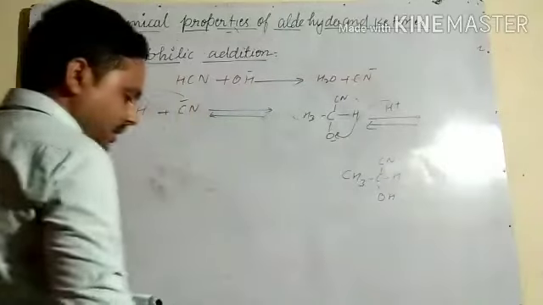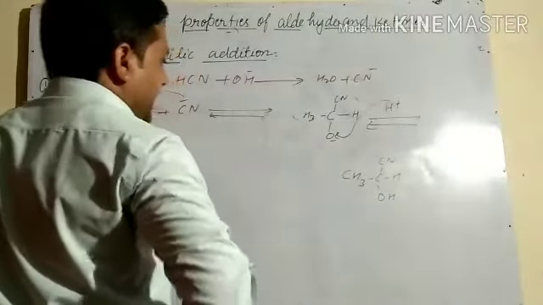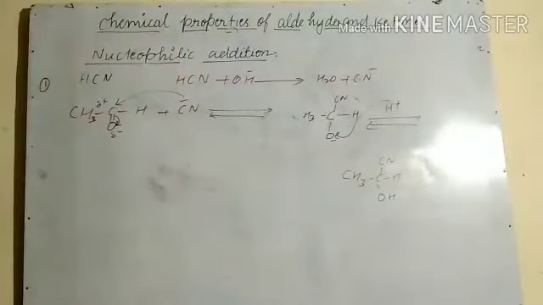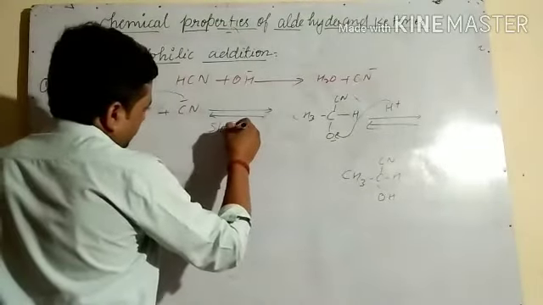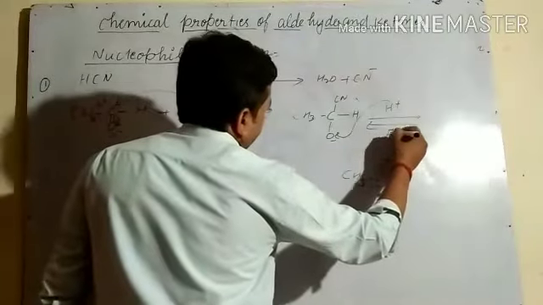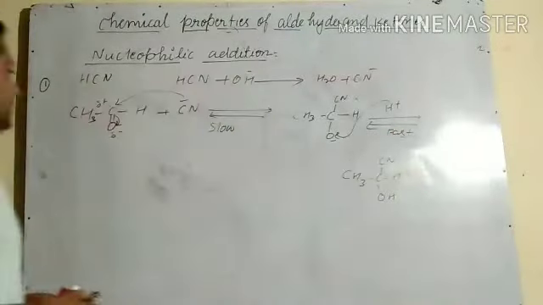The product is acetaldehyde cyanohydrin. So you remember one thing: this is the slow step, and that is the fast step. So it is very easy.